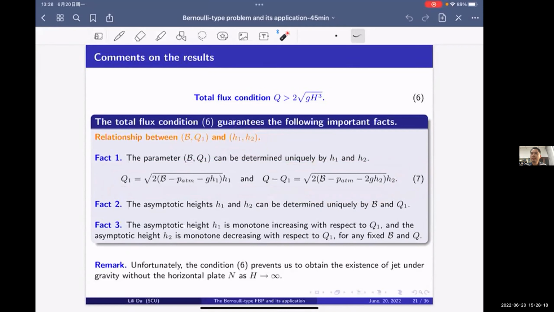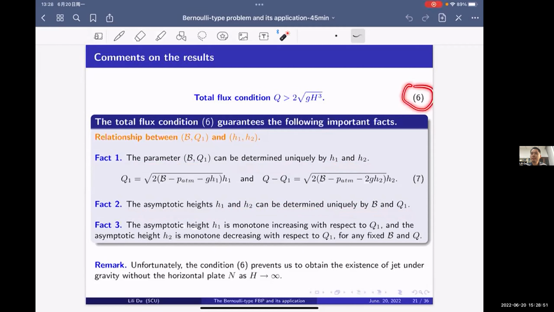So condition 6 guarantees that the parameters B and Q1 can be determined uniquely by H1 and H2. On the other side, the asymptotic heights H1 and H2 can be determined uniquely by B and Q1.